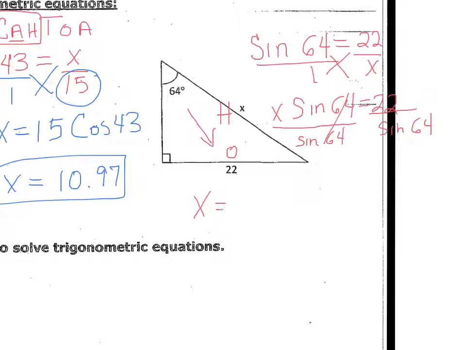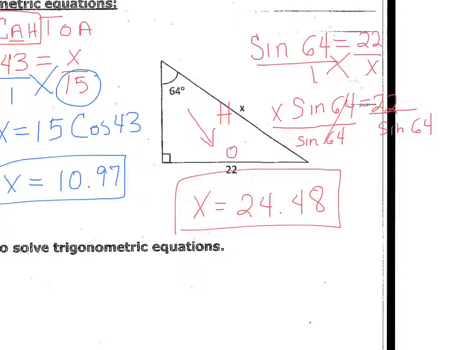So put 22 divided by sine of 64, and how much is that? 24.48, and that's the answer. You put in the calculator 22 divided by sine of 64. And that gives you 24.48.